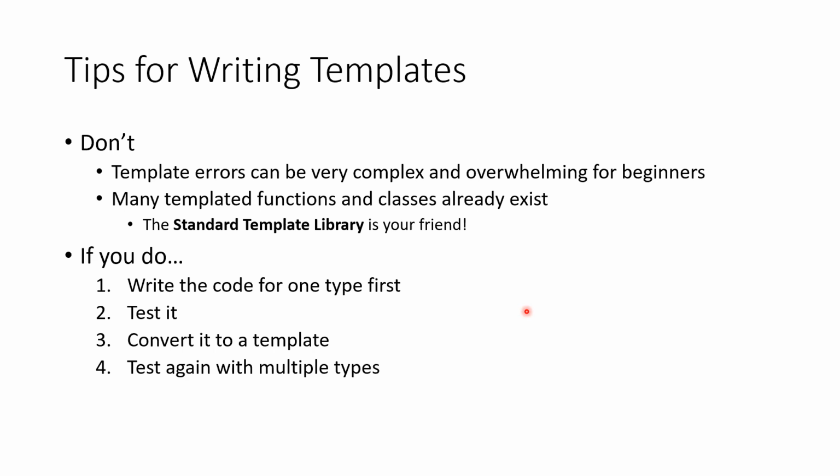And in the rare case, if you do write a template, first make sure that you write the code for one type first, like for integer. And you test it and make sure everything works, then replace all integers with the type, convert it into a template, and test again with multiple types. So this way you will be breaking a more complex problem into smaller problems, and you can solve them one by one.